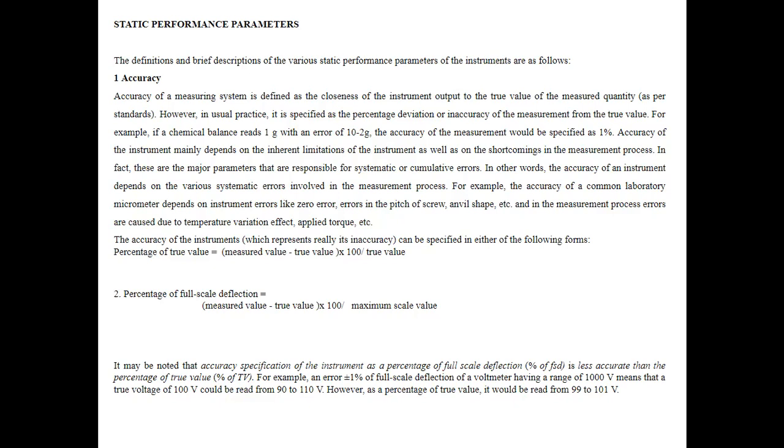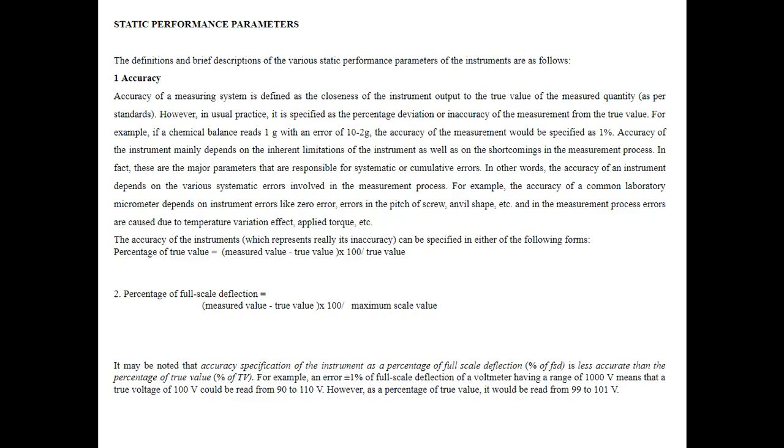For example, the accuracy of a common laboratory micrometer depends on instrument errors like zero error, errors in the pitch screw, anvil shape, etc. And in the measurement process, errors are caused due to temperature variation effect, applied torque, etc. Therefore, the accuracy of the instruments can be specified in either of the following forms.